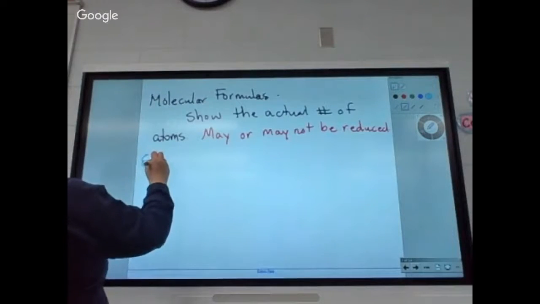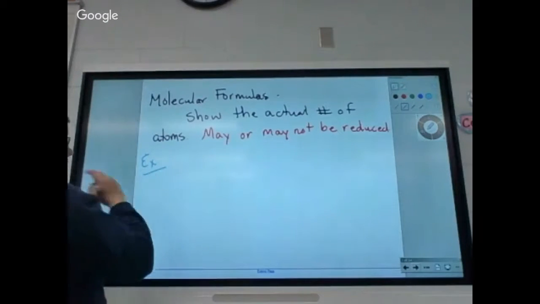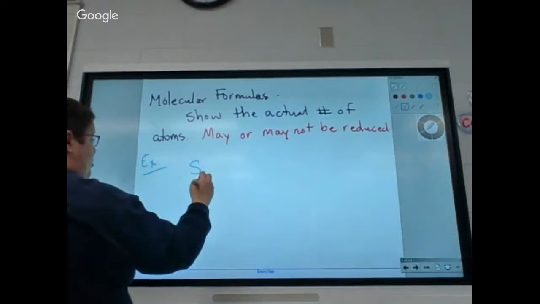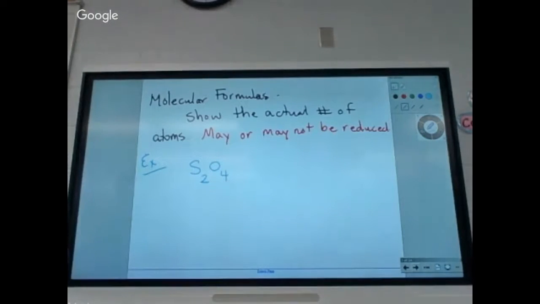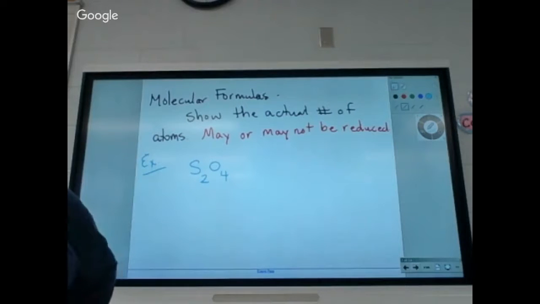For example, if you have one like S2O4, what do we know that we can do with S2O4? It can be reduced, right?